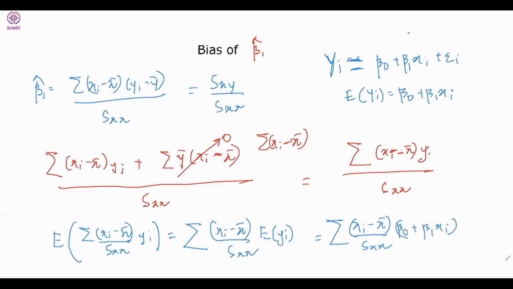Okay. So let's try to understand it much more carefully. Summation of (xi minus x bar) by Sxx into beta naught, plus summation of (xi minus x bar) by Sxx into beta 1 xi. Perfect. So what do we get now?